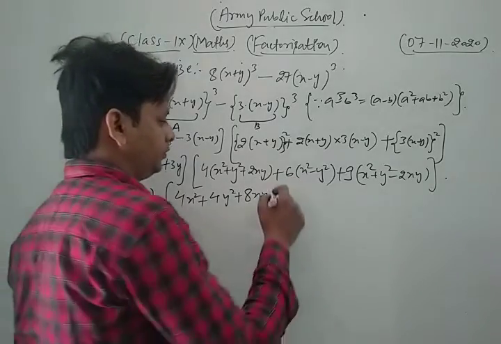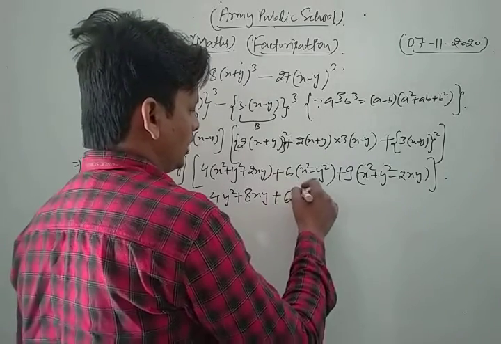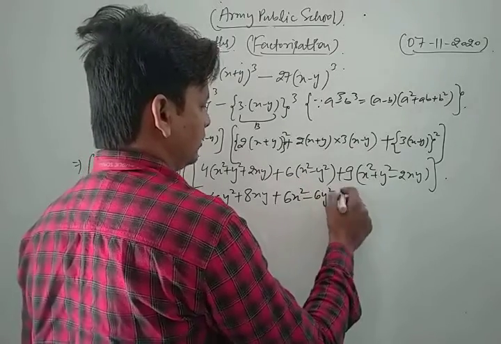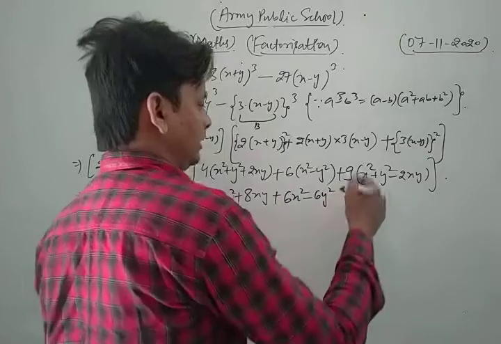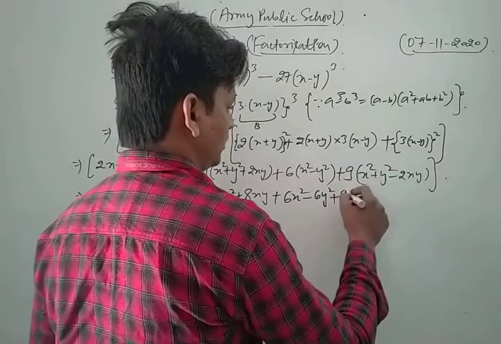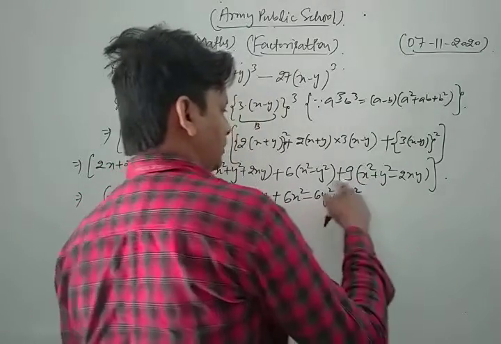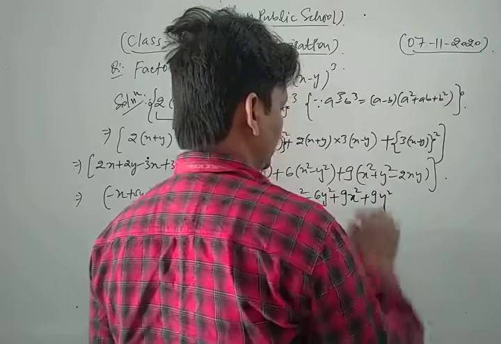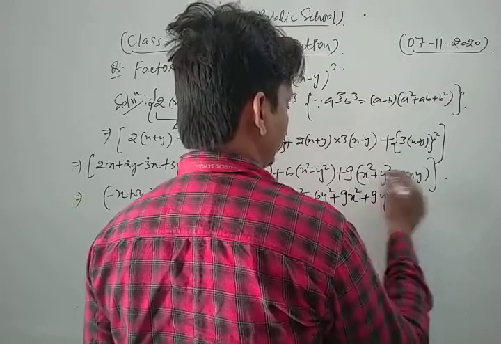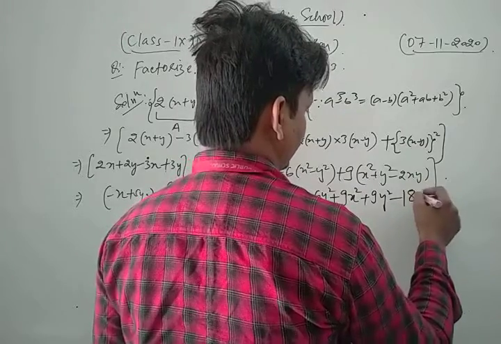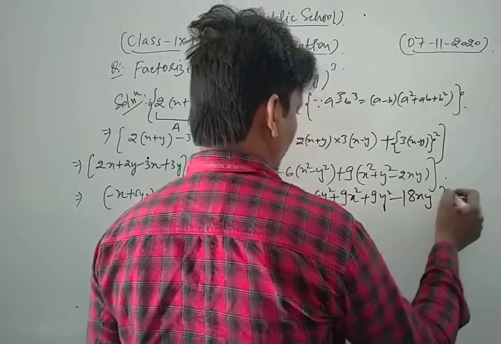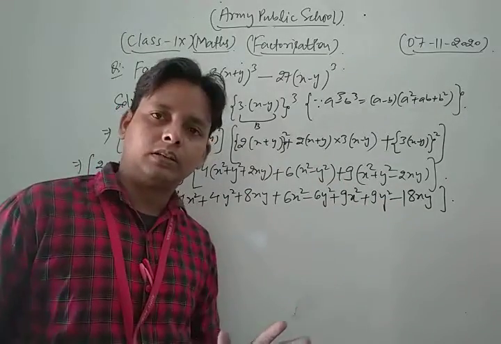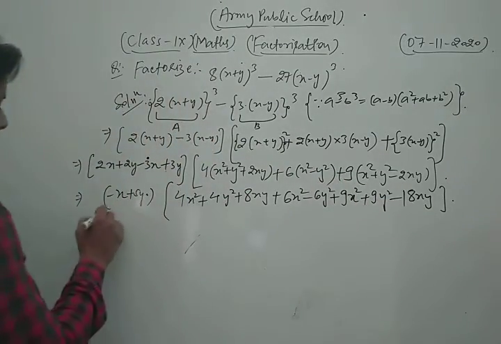We get 6x square minus 6y square, plus 9x square plus 9y square minus 18xy. Now look, we simplify them.